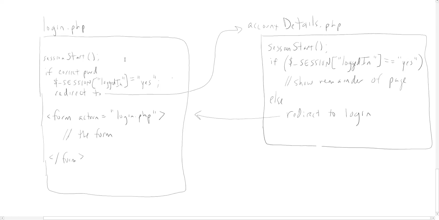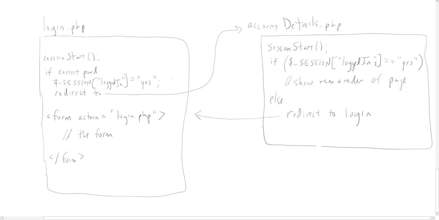So the way this is going to work is, notice if somebody tried to come to this account details page to begin with, let's say they hadn't even gone to the login. They directly come to this page, they type in that URL, and it does a check. It says if session logged in, so this is that array that's used for storing session data, equals yes.